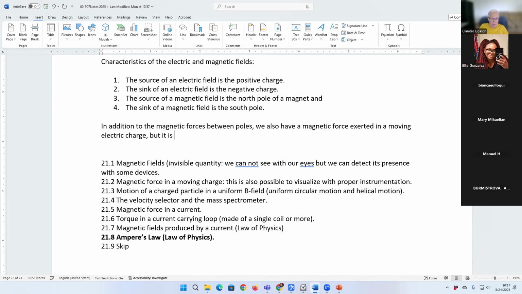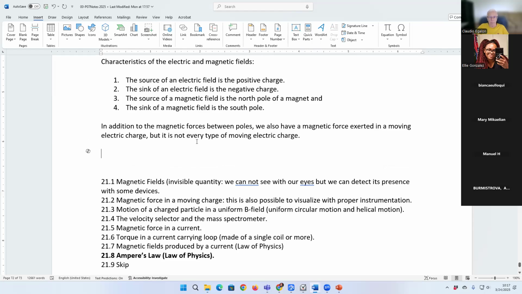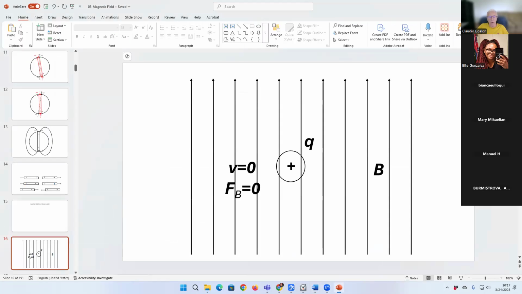But it is not every type of moving electric charge. Okay, now you're going to see the difference here. Very important.